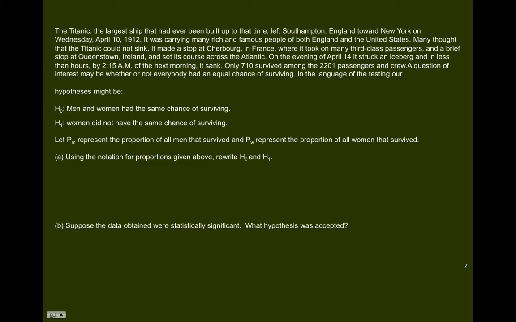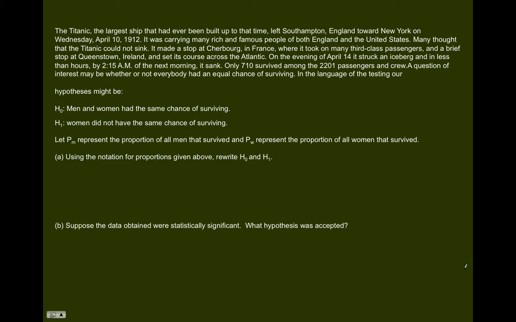Nobody thought the Titanic could sink. It made a stop in Cherbourg, in France, where it took on many third-class passengers, and a brief stop in Queenstown, Ireland, and set its course across the Atlantic.